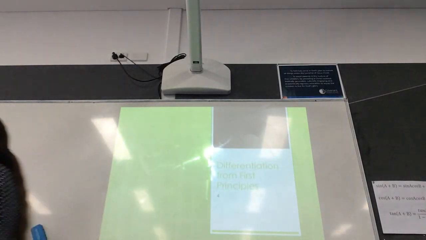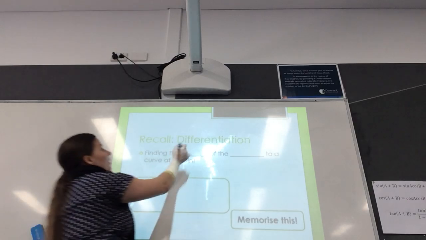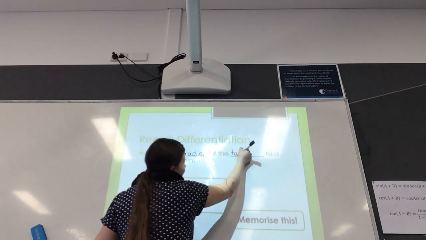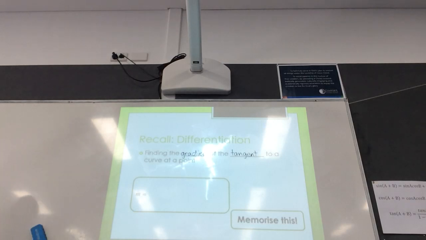Okay, so team, we've already done this. This is what we just did. Find the gradient of the tangent to the curve. That's it. We're finding the gradient of a tangent to a curve. Now we're starting by doing something called differentiation from first principles.